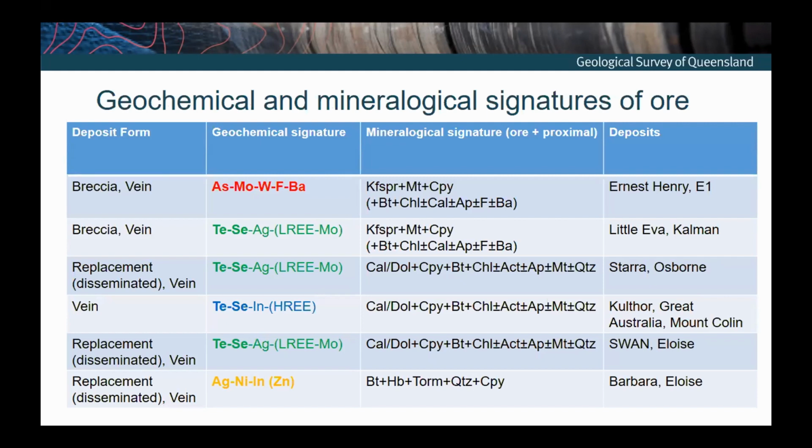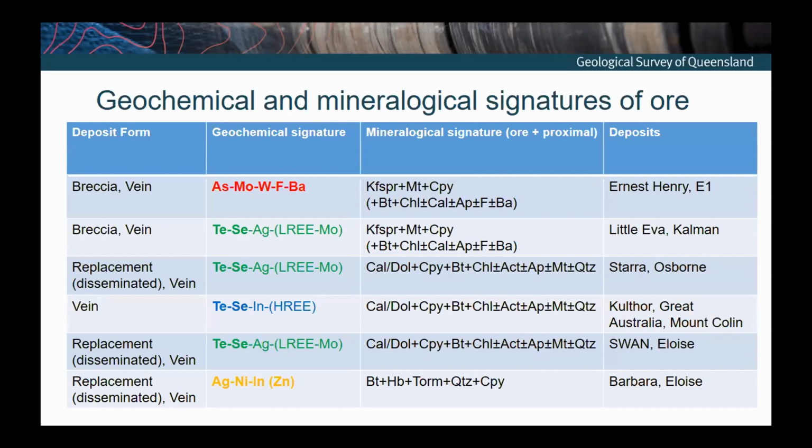And a quick attempt to put mineralogy and geochemistry together, including description of deposit form. I'm not going to dwell too much on that. The key message here is that there are good one-to-one relationships for some geochemical classes and mineralogical ones, particularly clear for Ernest Henry and E1.